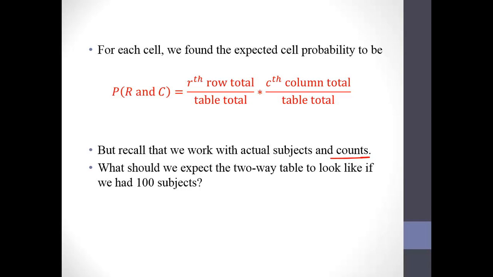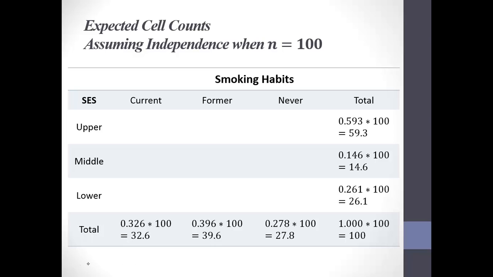So thinking about what we would expect this table to look like if we had 100 subjects. Again, if we had 100 people, how would we expect them to be spread around on this table? What we can do to look at that is simply multiply every number in that table by 100. So on your marginal probabilities, the current smokers was 32.6%.